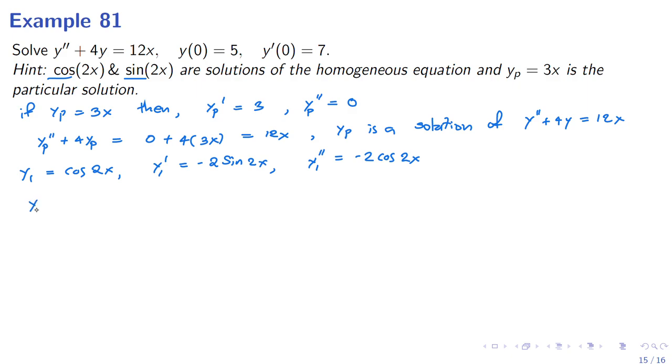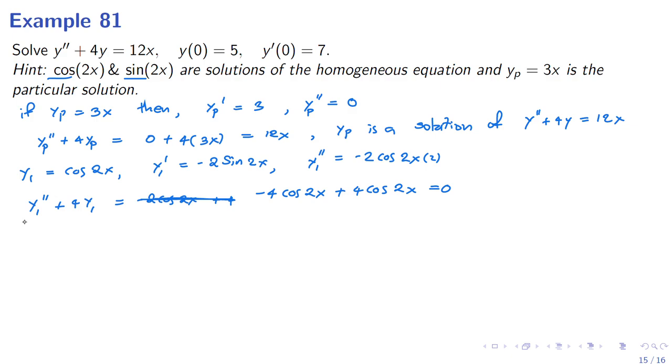If you look at y1 double prime plus 4 times y1, it will be minus 4 cosine 2x plus 4 cosine 2x, which equals 0. That means y1 is a solution of the homogeneous equation.